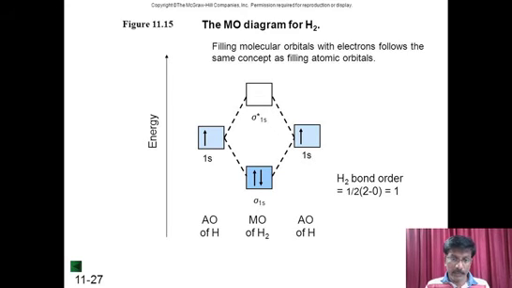Then you have to fill both bonding and antibonding: sigma will have 2 electrons, sigma star will have 2 electrons. Therefore, bond order becomes 2 minus 2, which is 0. So such a molecule does not form at all.